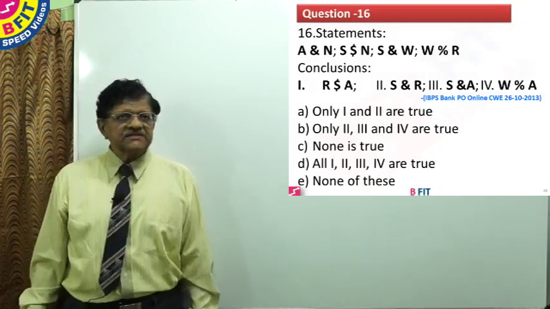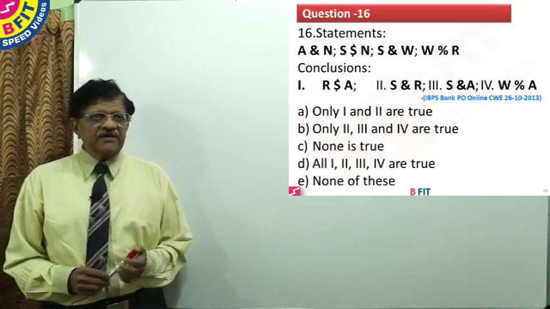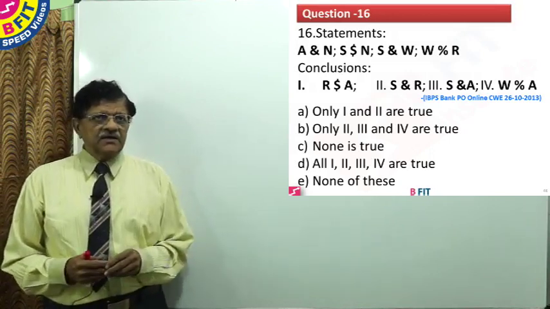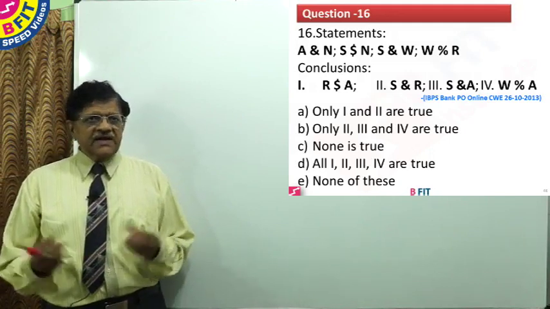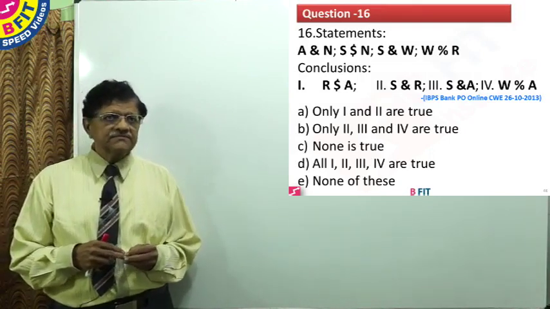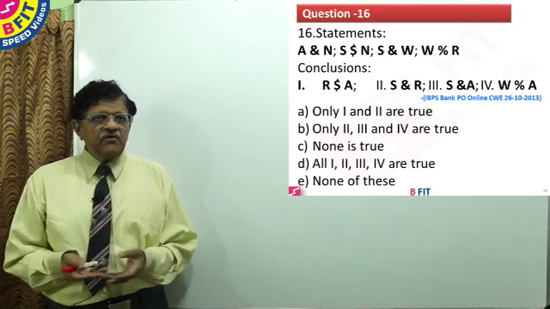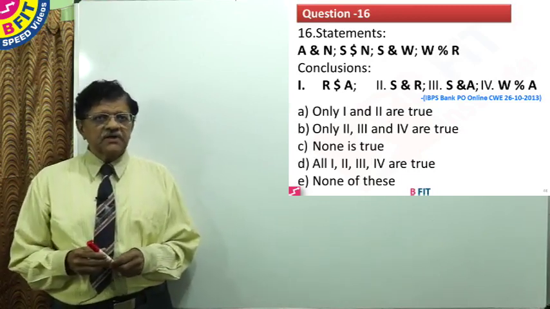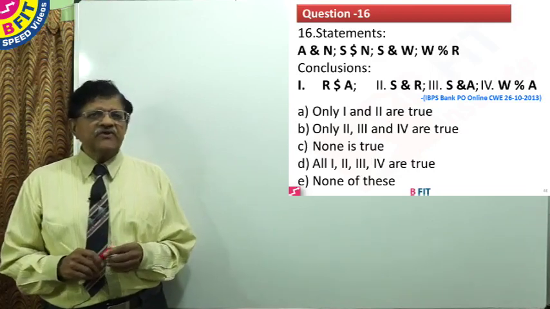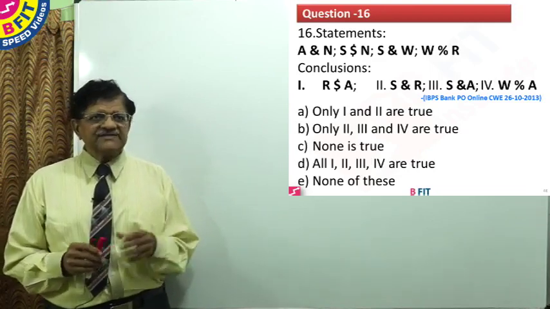In question number 16, we are given a statement where the relationship between the elements is given as codes, and we have to verify 4 conclusions, and out of these 4 conclusions, find which is true and give it as the answer.